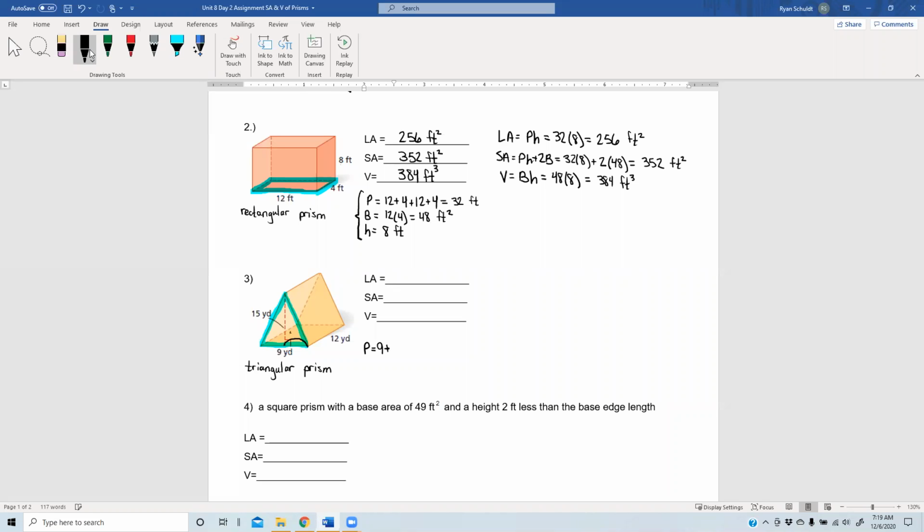This I can say is 4.5. Now I just need to get this side over here.